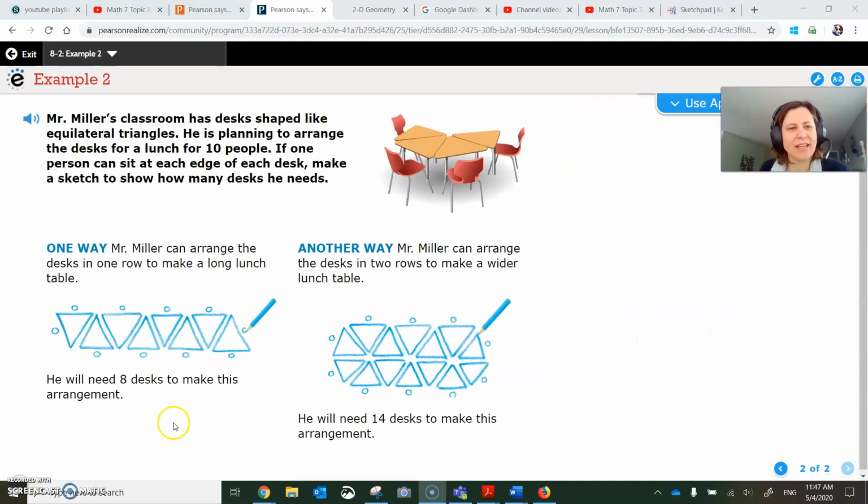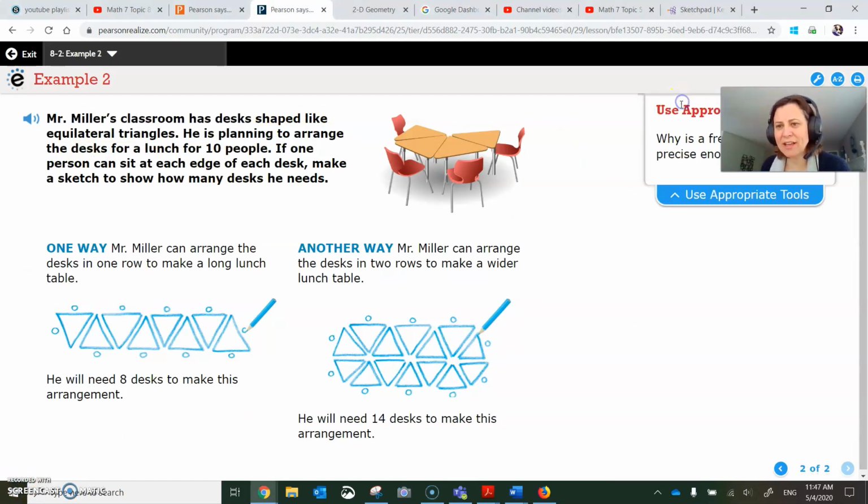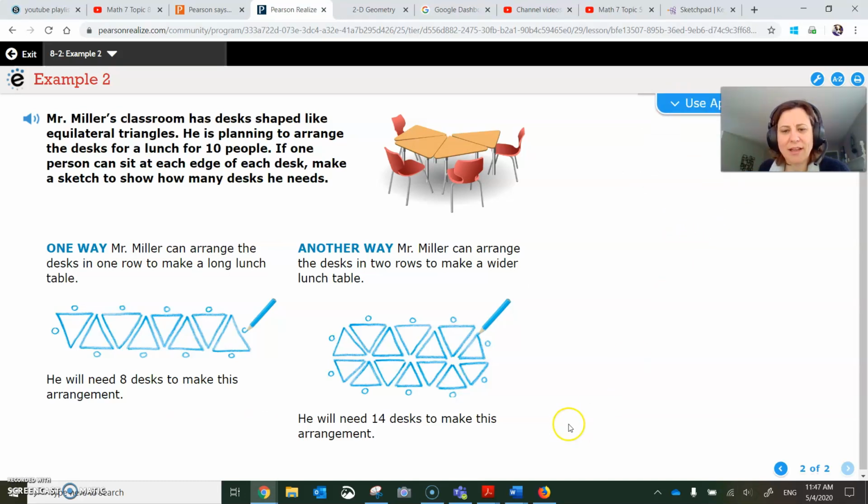Try it. Example 2 is another one that didn't have a try it on there. But here are 2 different ways that Mr. Miller could have arranged the desks to seat 10 people. In the first one, he needed 8 desks to make that happen. In the second one, he needed 14.